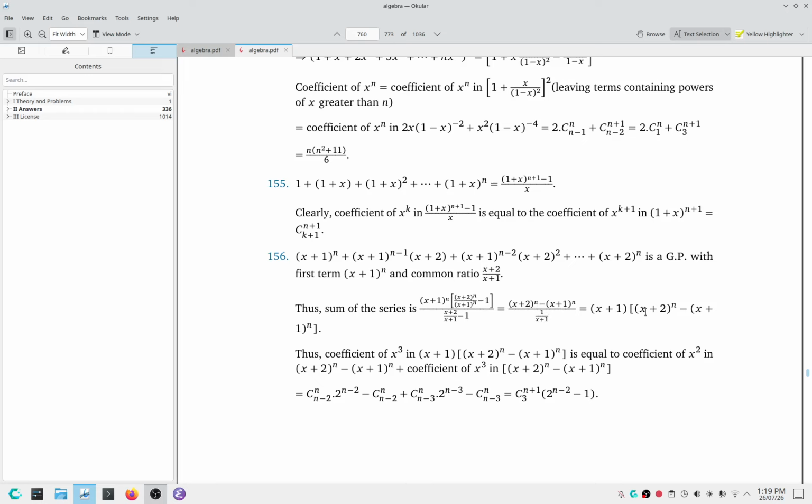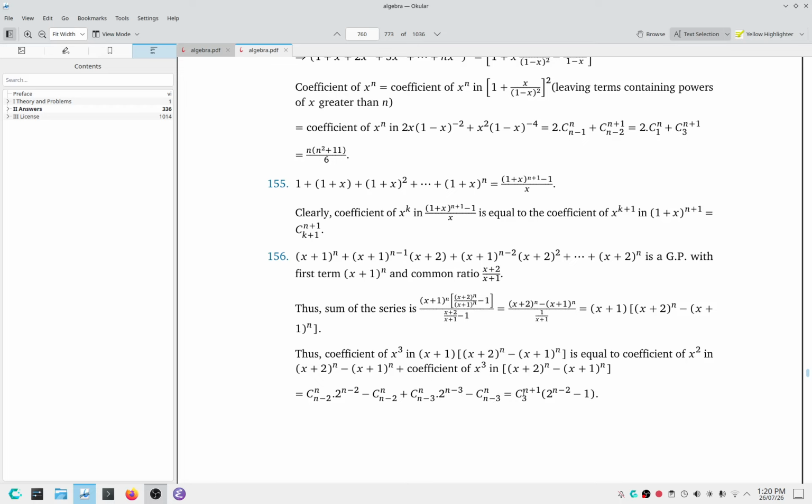That is (x plus 1) times ((x plus 2) to the power n minus (x plus 1) to the power n). Now the coefficient of x to the power 3 in this is equal to the coefficient of x squared in ((x plus 2) to the power n minus (x plus 1) to the power n) plus the coefficient of x to the power 3 in ((x plus 2) to the power n minus (x plus 1) to the power n), which is equal to 2 times nC2 times 2 to the power n minus 2 minus nC(n minus 2) plus nC(n minus 3) times 2 to the power n minus 3 minus nC(n minus 3).